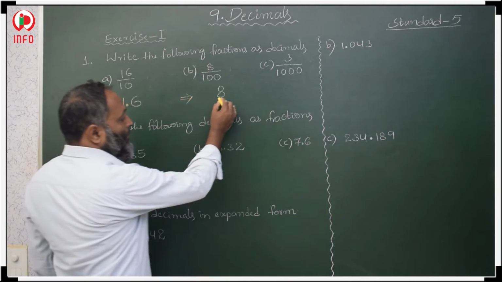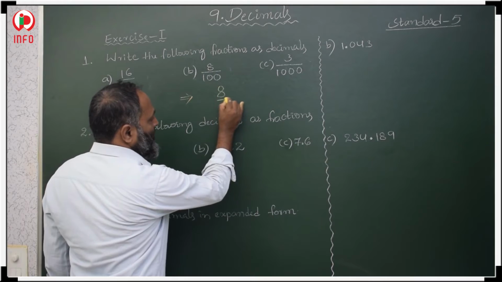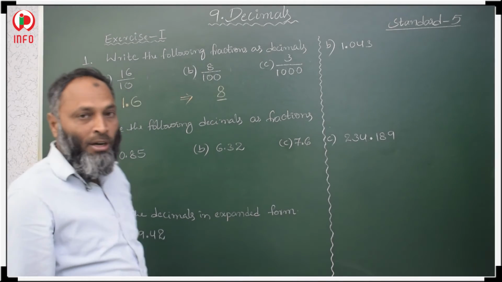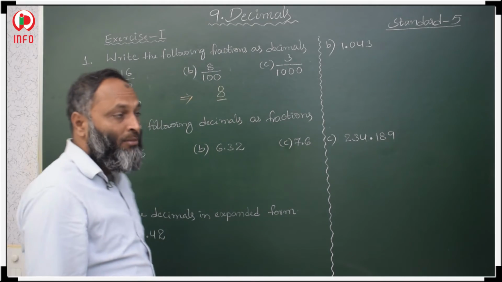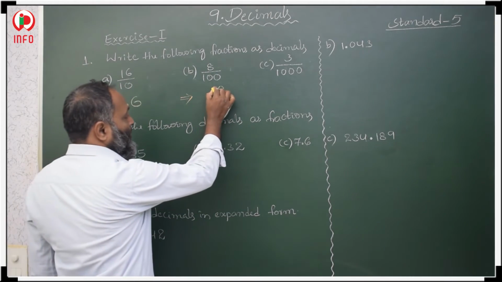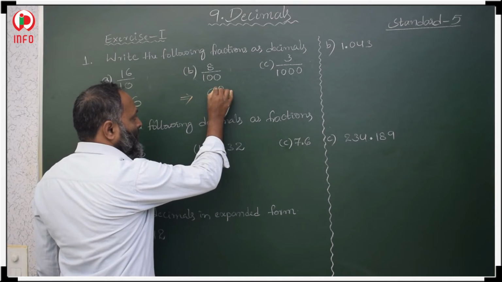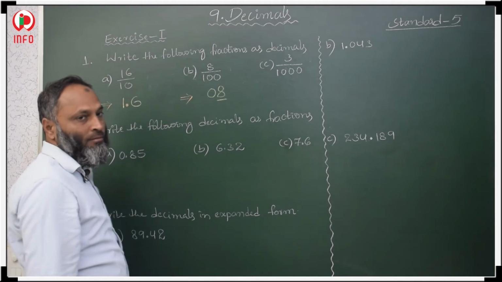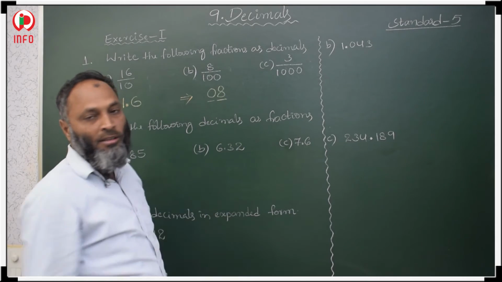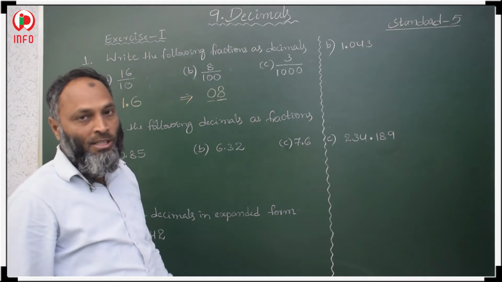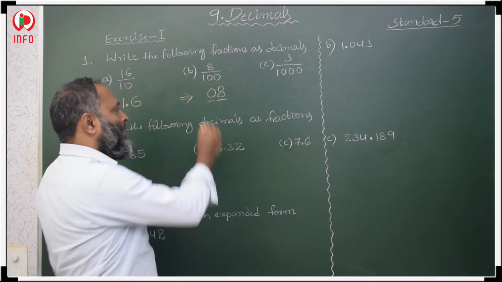But here we have only one digit. But we should keep the decimal after 2 digits. So we need one more digit, so from right to left keep a 0. Then you will get 2 digits, 0 8. Now we have 2 digits. Then after that, keep the decimal.